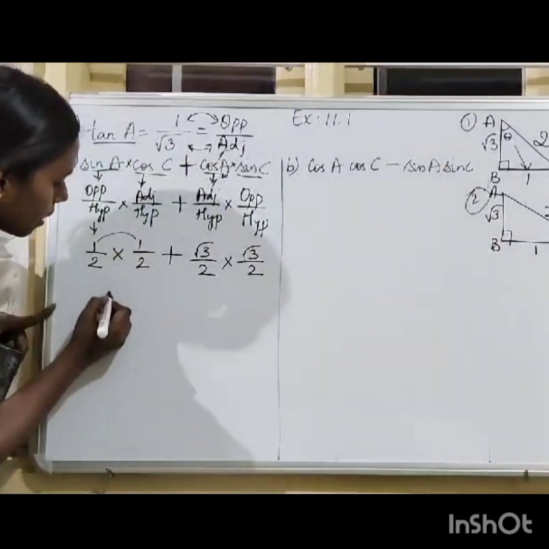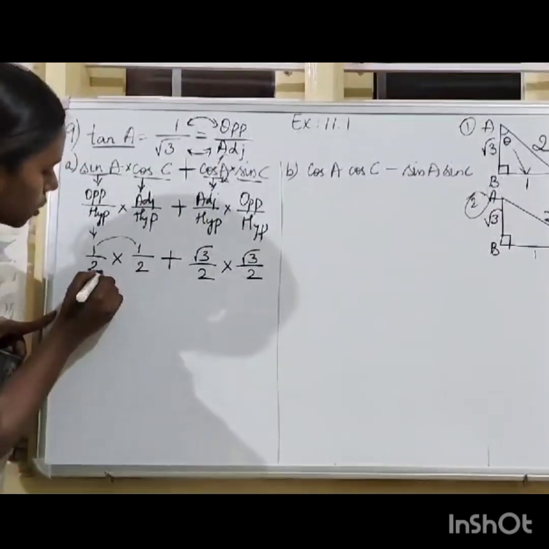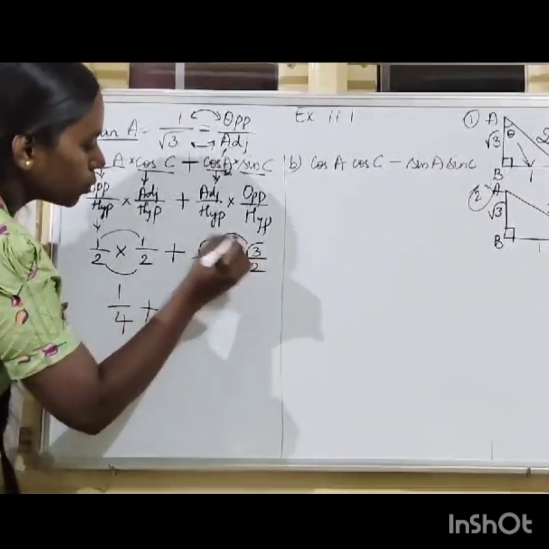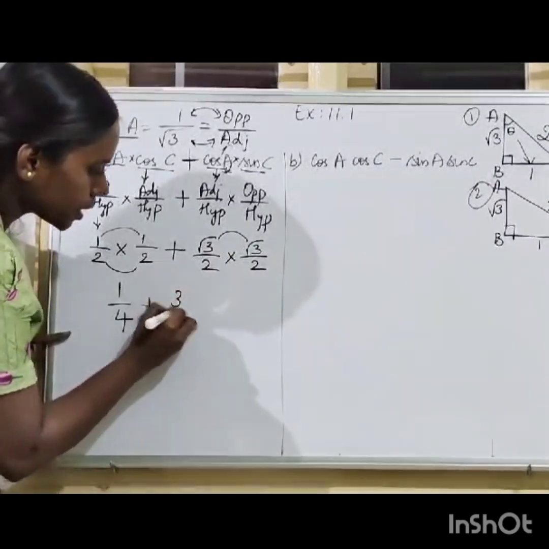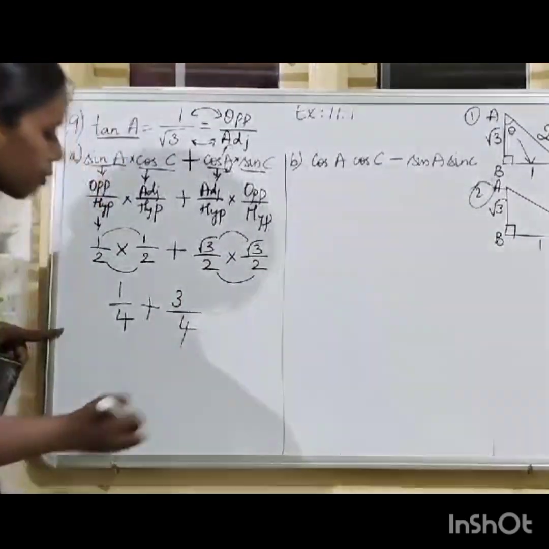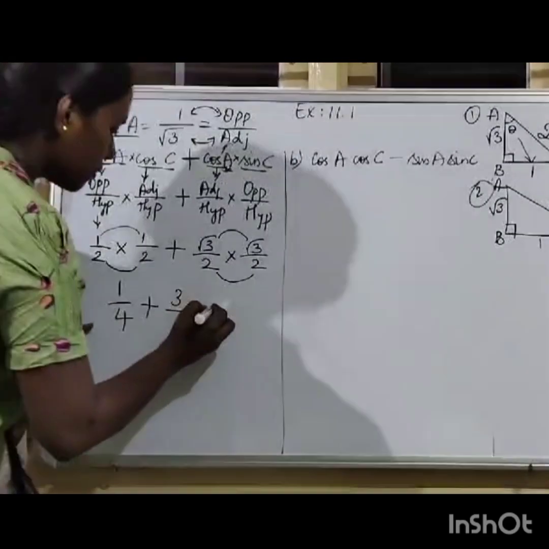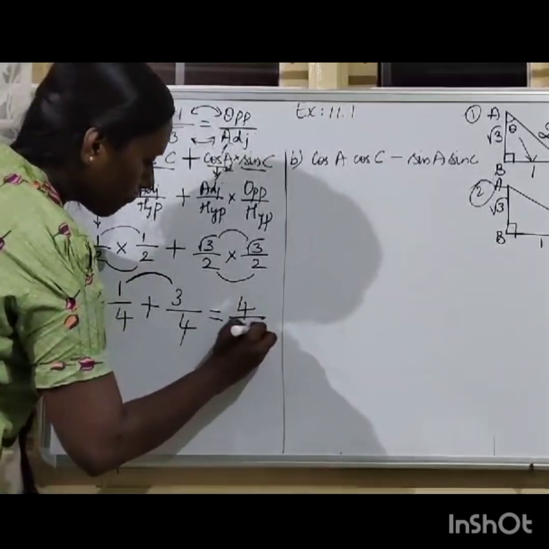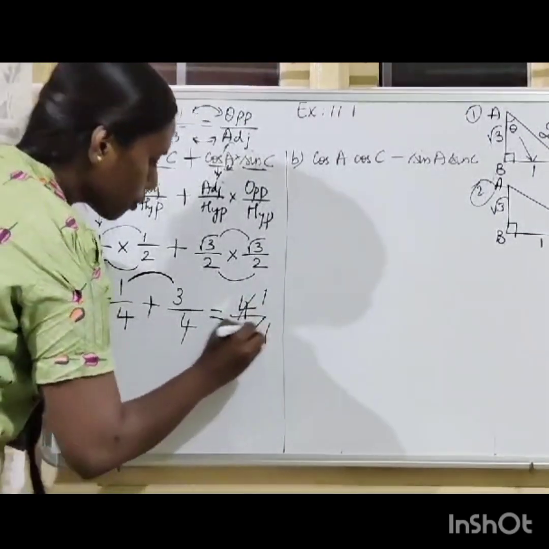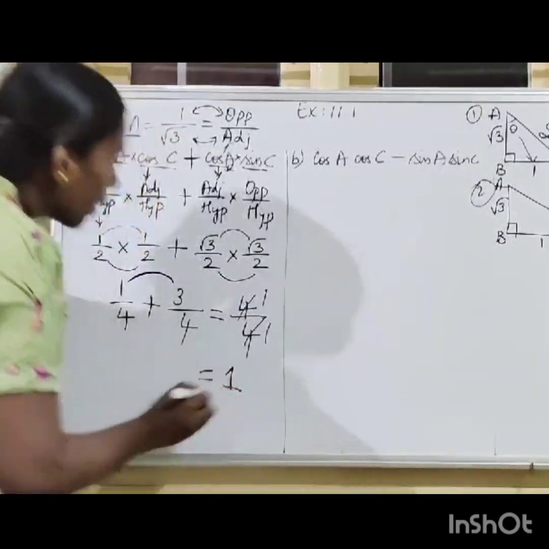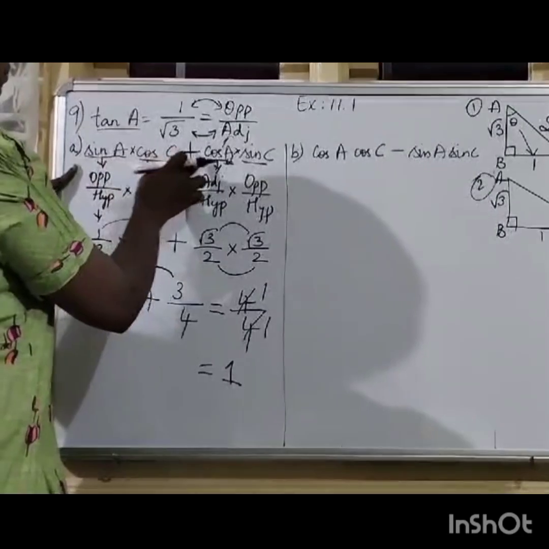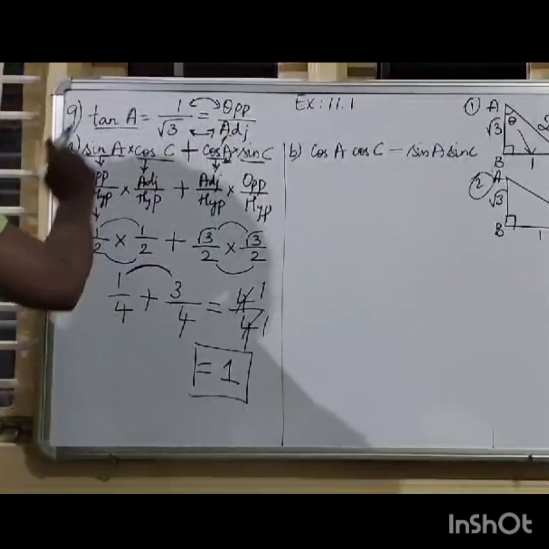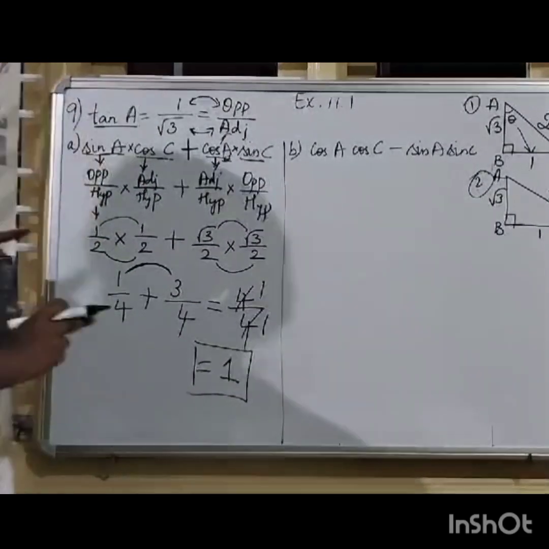Now 1 1s is 1, 2 2s 4, plus root 3 into root 3 is 3, 2 2s 4. Denominators are same, so numerators get added up. 3 plus 1 is 4 by 4. So our value is 1. So sin A cos C plus cos A sin C value is 1. So this solves our first sub question under 9th one.